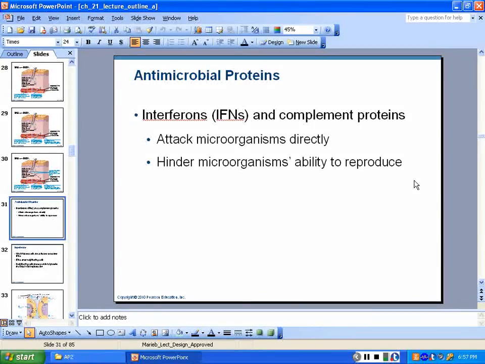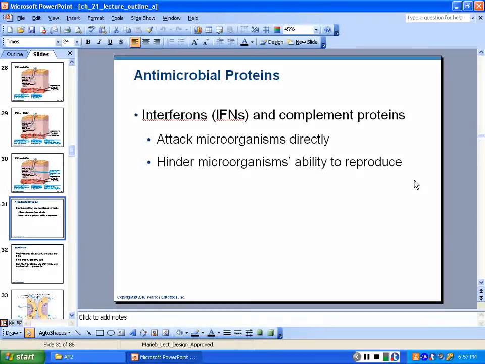Interferon is classified as an antimicrobial protein. Just think in your brain, what does antimicrobial mean? Against a microbe. Is a microbe a very particular little term or not? Is it kind of generalized? It's generalized against any foreign cells that would get into your body.